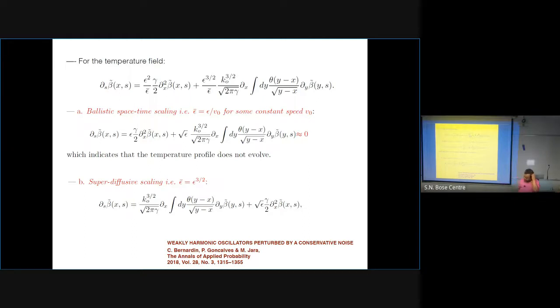Is there a shock solution? No, this doesn't have a shock solution because you have a diffusion term. Any non-zero diffusion term, however small, goes to 0. Equal to 0 and goes to 0 is different. That is why we cannot create a shock.